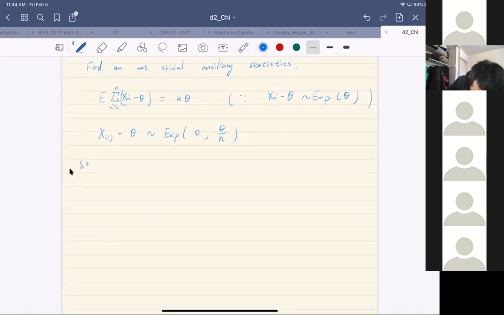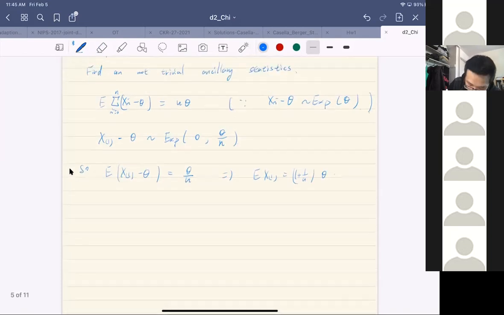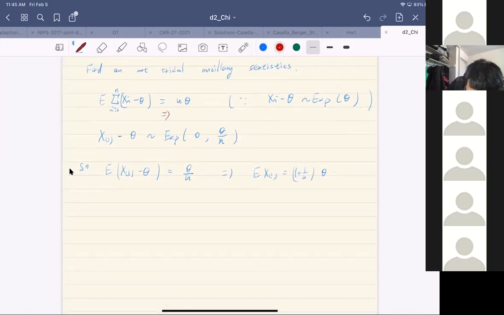So the mean of this is equal to theta over n. That implies the mean of the smallest one is equal to 1 plus theta. And this implies that the expectation is equal to 2n theta.